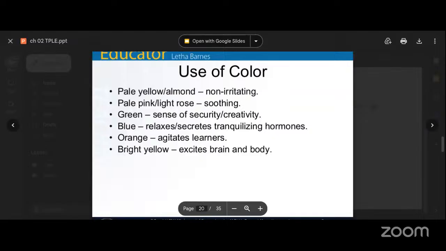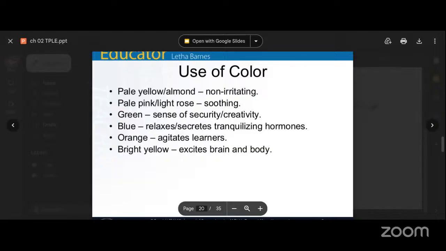The use of color. Knowing your color theory, color psychology, even though these are few colors: bright yellow excites the brain and body. Yes, gets it all excited. Orange agitates the learners. Blue is relaxing, tranquilizing. And then green is a sense of security, creativity, also honesty.